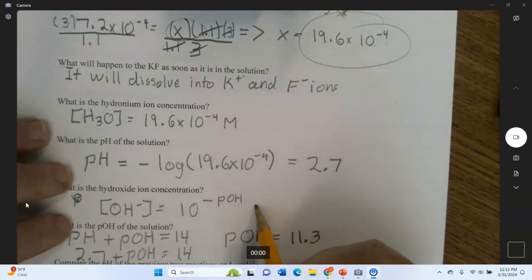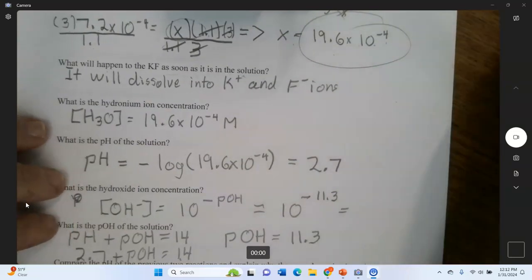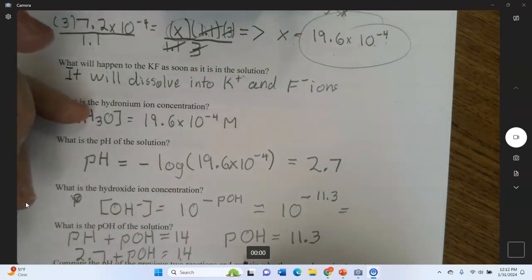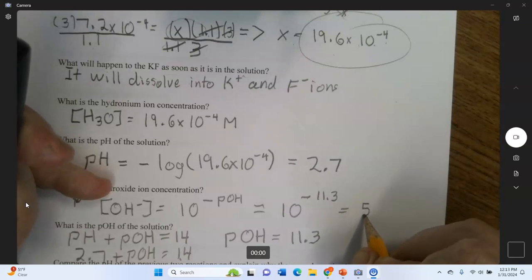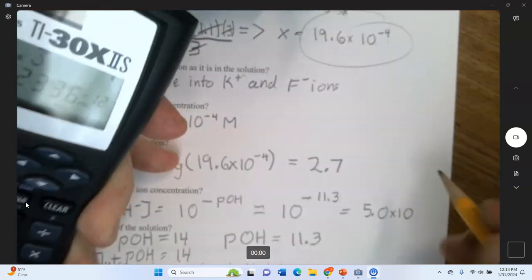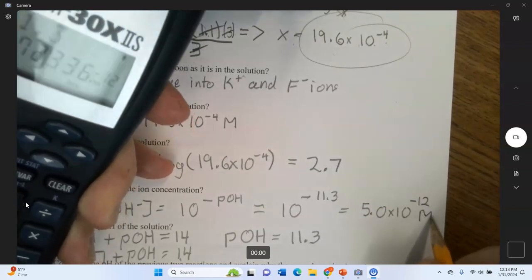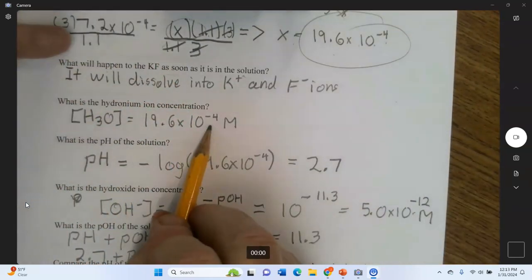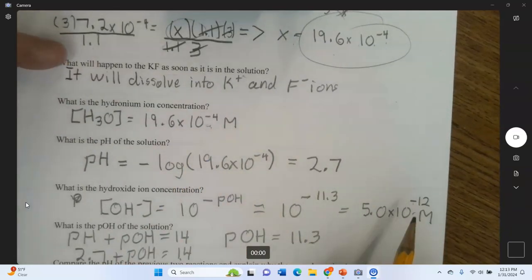And so it's going to equal 10 to the negative 11.3, which equals 5.0 times 10. And don't forget that exponent there, okay? You forget that, it's all wrong. To the negative 12, very small, and that's a molarity. So compared to the acid concentration, hydronium, 10 to the minus 4, this is a really tiny number.